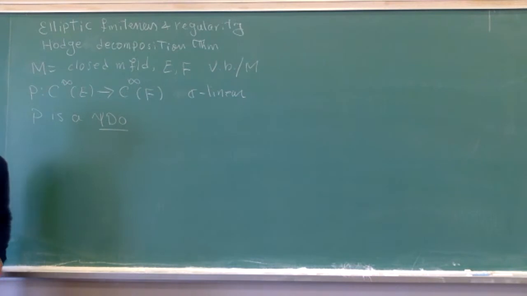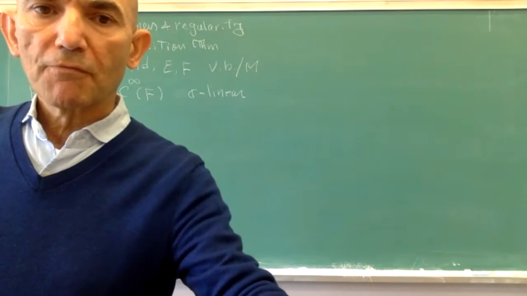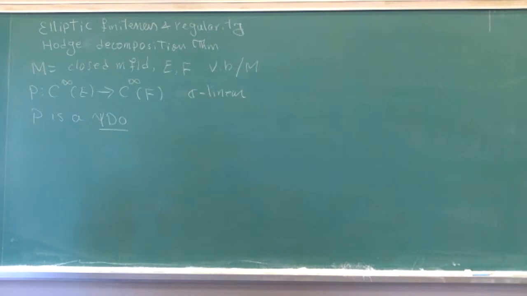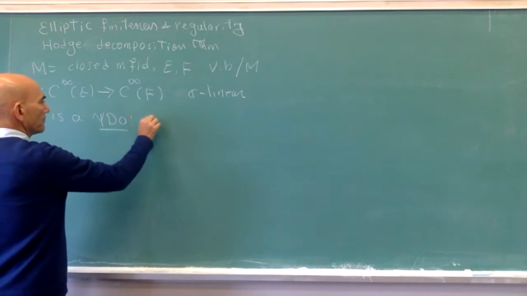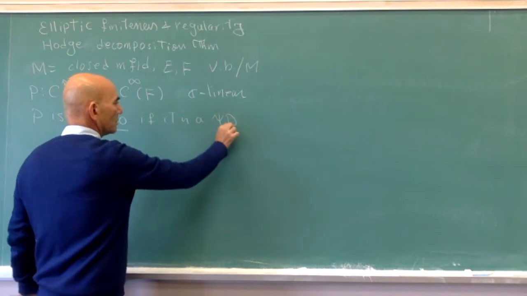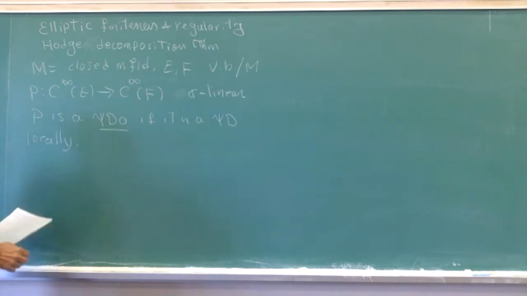This C-linear map is called a pseudodifferential operator if it is a pseudo locally. What does this mean?